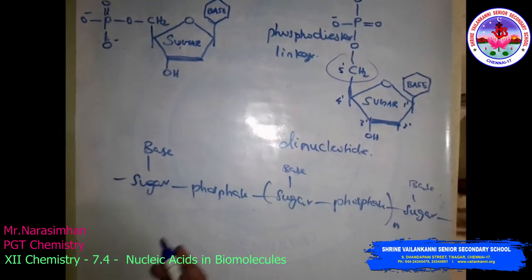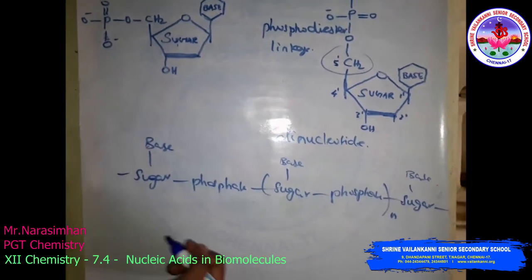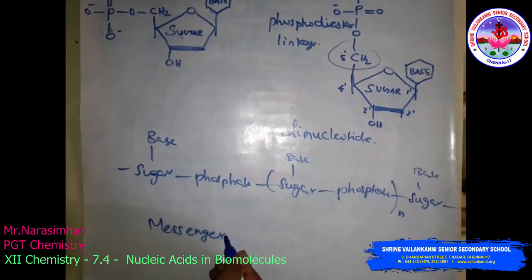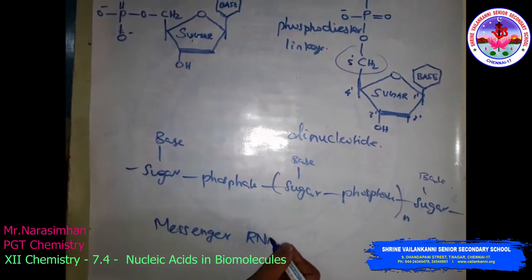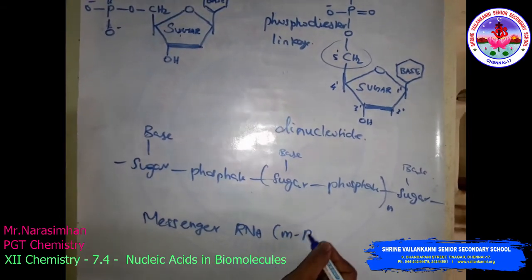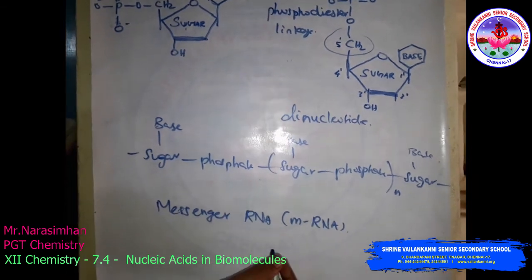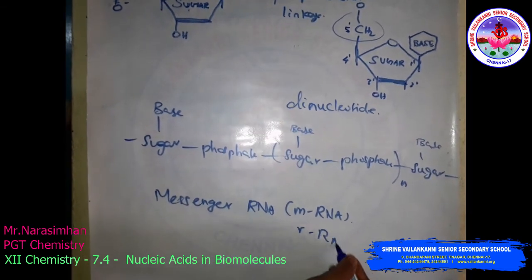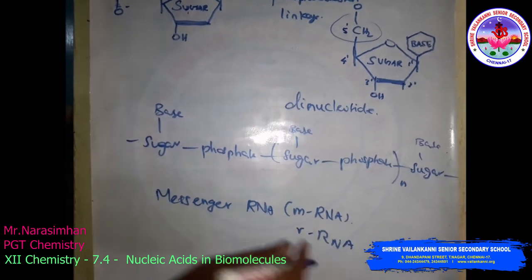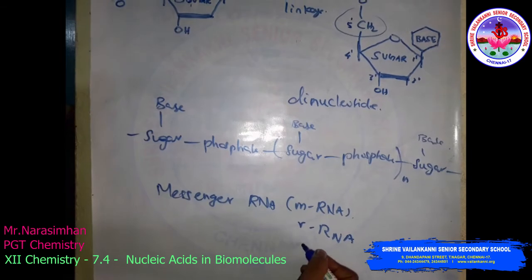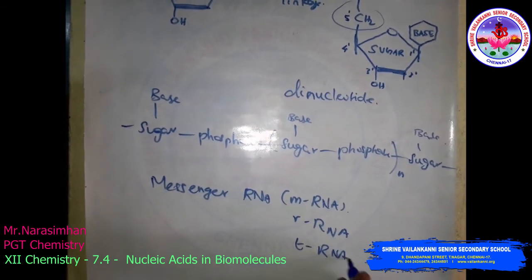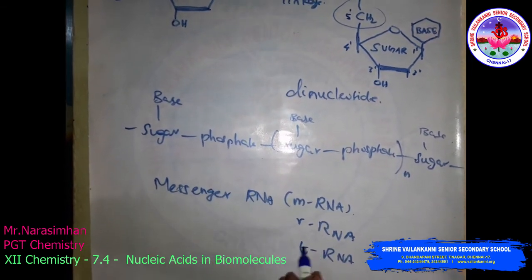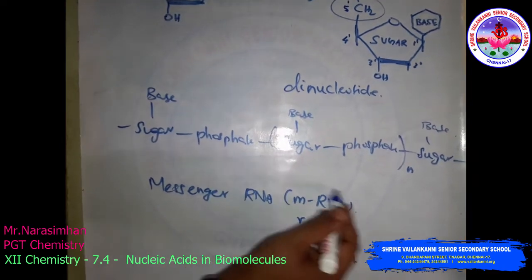RNA is of three types, which perform different functions: messenger RNA, simply mRNA; ribosomal RNA, simply rRNA; and transfer RNA, simply tRNA.